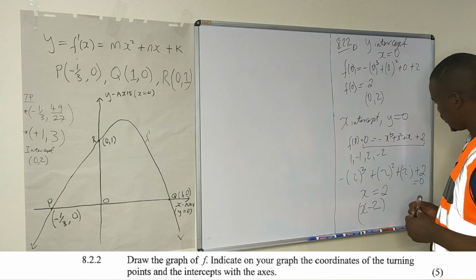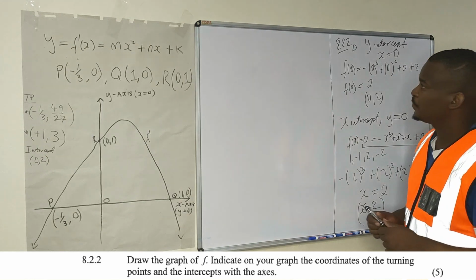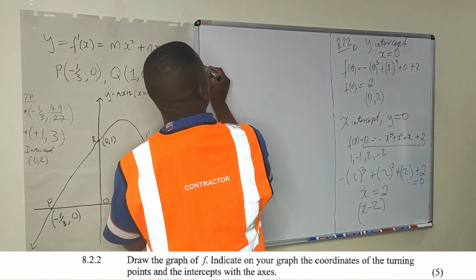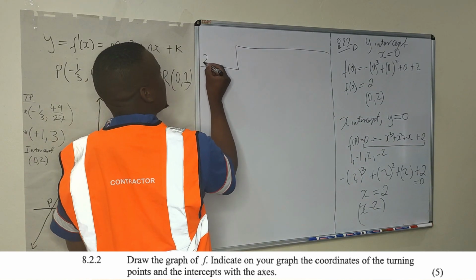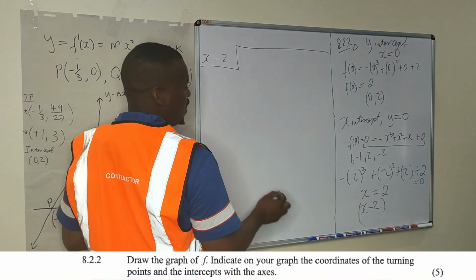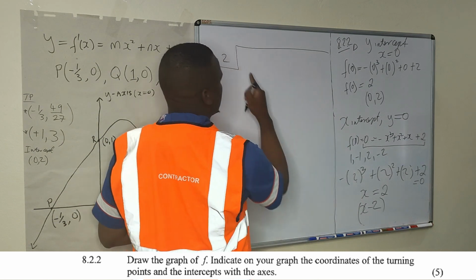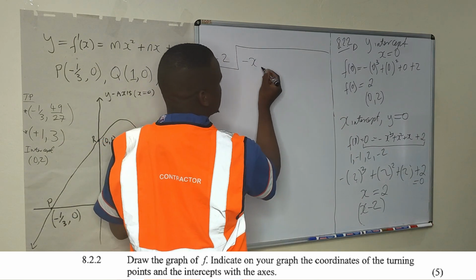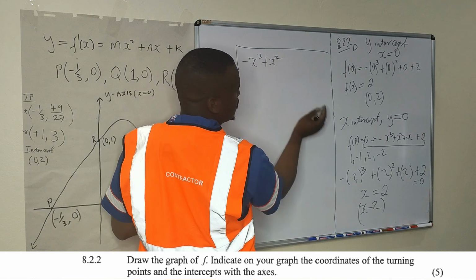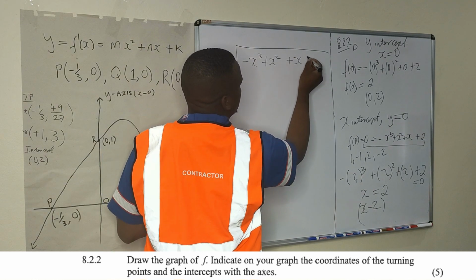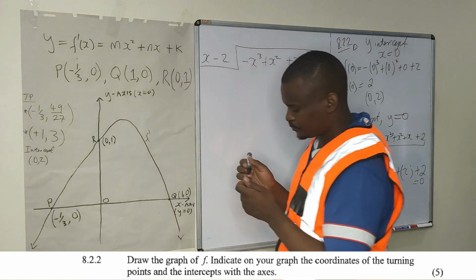So to do this, we draw our long division thingy. So we put our factor here, x minus 2, and then you put your equation that you want to factorize inside here. So it's minus x cubed plus x squared plus x plus 2.